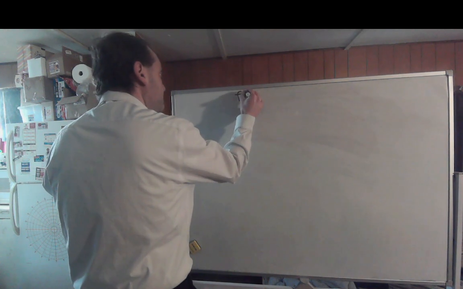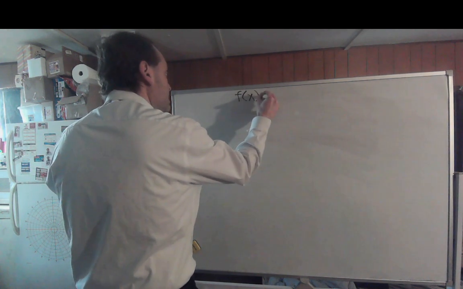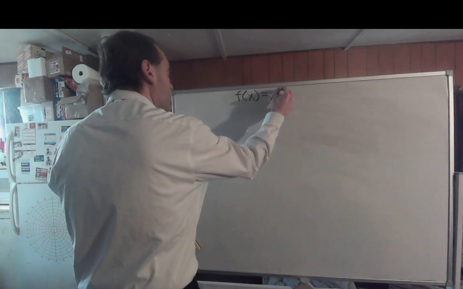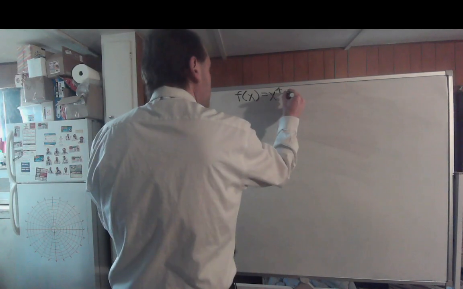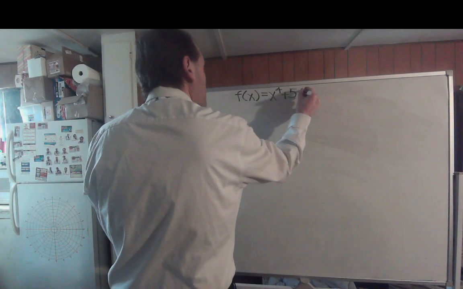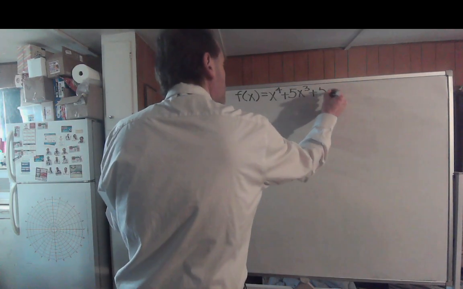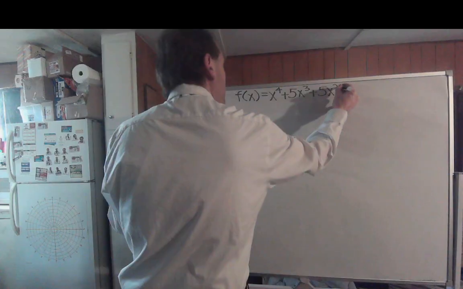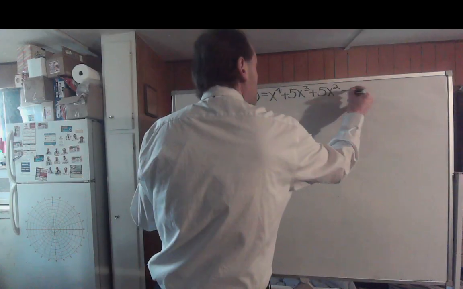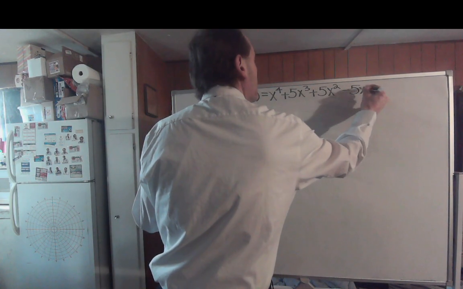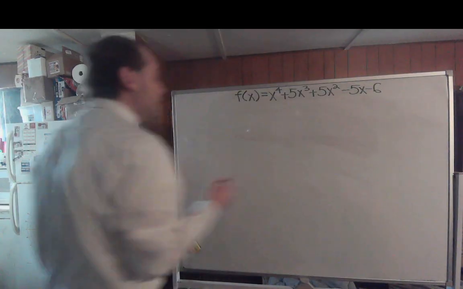Alright, so let's see. We have f of x equals x to the 4th plus 5x to the 3rd plus 5x squared minus 5x minus 6, right?